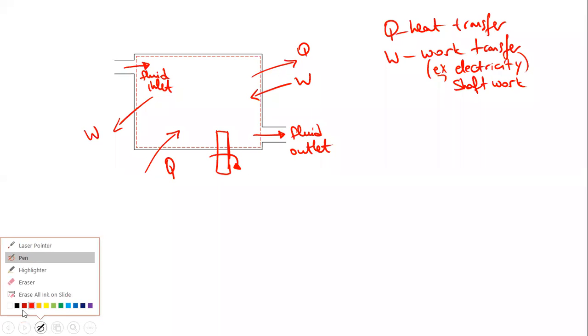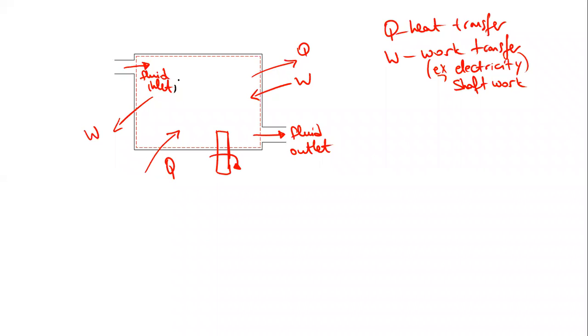So I can show the mass as m here. For the outlet also, I will show the mass outlet, mass inlet. And during this process, there will be some heat transfer, some mass transfer, and some work transfer in that system.